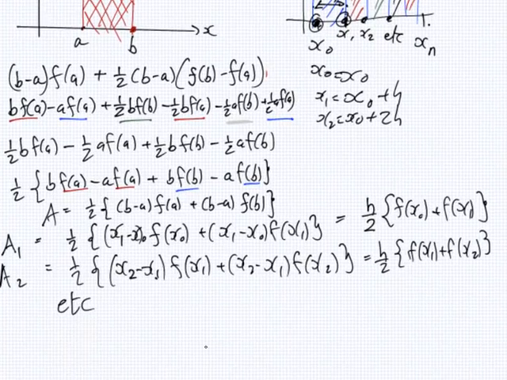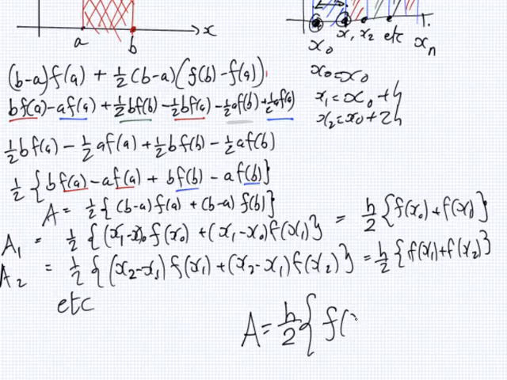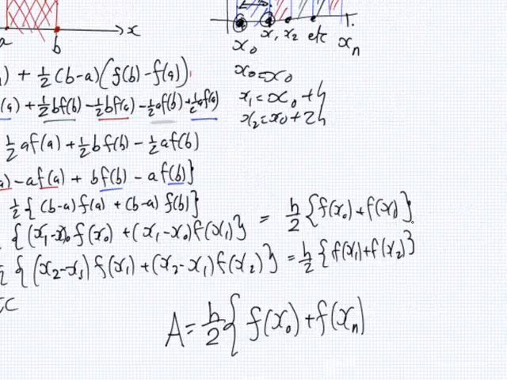So if you want the total area, you're going to have to add all of these up. I'll have f(x0) just once at the very beginning, and at the very end I'll have f(xn). But what's going to happen in the middle, maybe I'll just draw some more on the side.